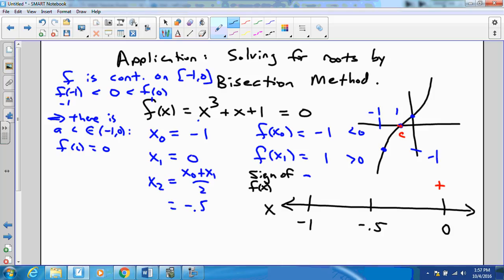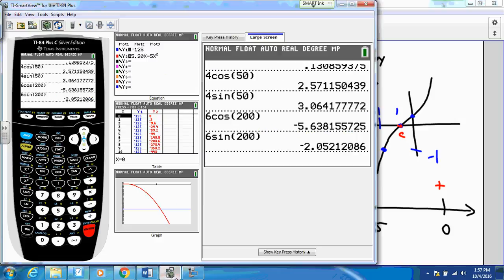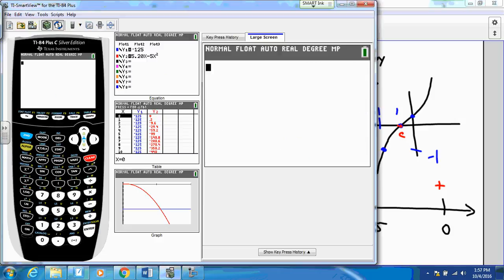Now, if I wanted to, I could evaluate f of negative 0.5 by hand. I'm a little lazy and a little bit in a hurry, so I'm actually going to use the calculator. And when I evaluate negative 0.5 cubed minus 0.5 plus 1, I get 0.375.